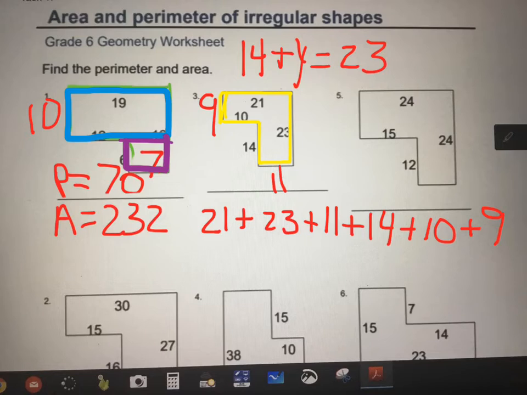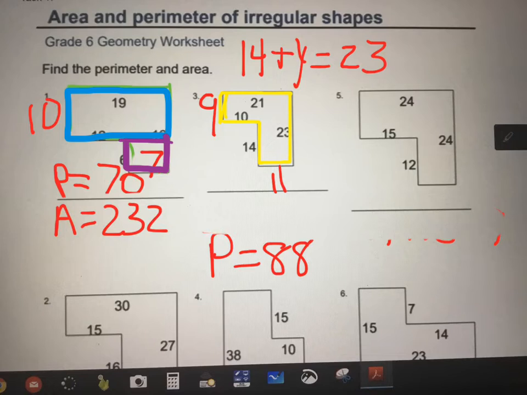If you got your perimeter to be equal to 88, then you are correct. So we found our perimeter to be 88.